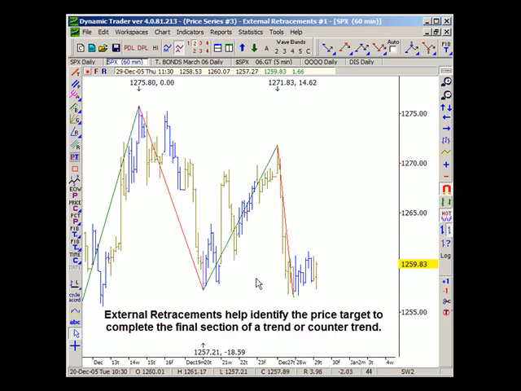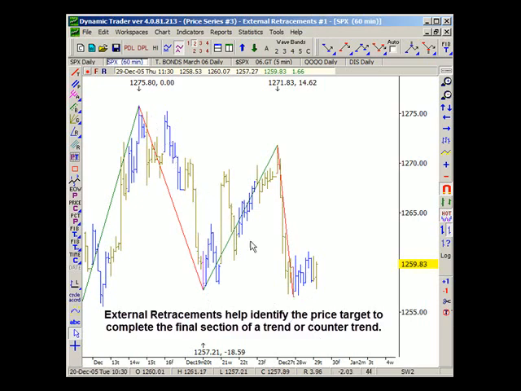Let's say that we believe this decline on this 60-minute data is a correction. The last low is likely to be made on or near the 127 or 162% external retracement. In this case, maybe it's going to be like a nice ABC low, a corrective low.